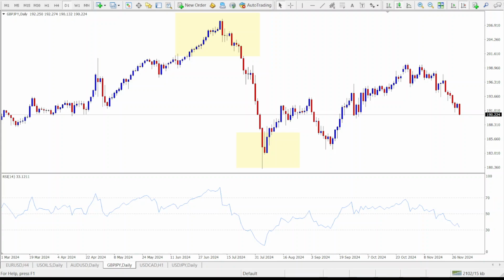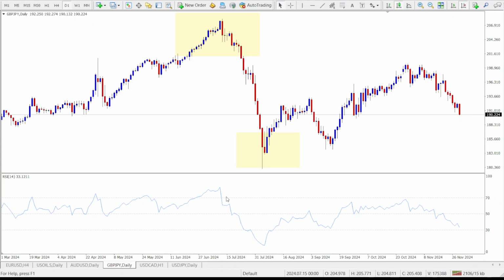So how do we use the RSI to catch trend reversals? The key idea behind the RSI reversal strategy is that when the RSI reaches overbought or oversold conditions, it often signals that the current trend is losing momentum and could be about to reverse.